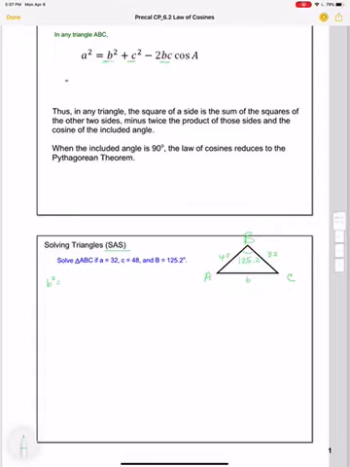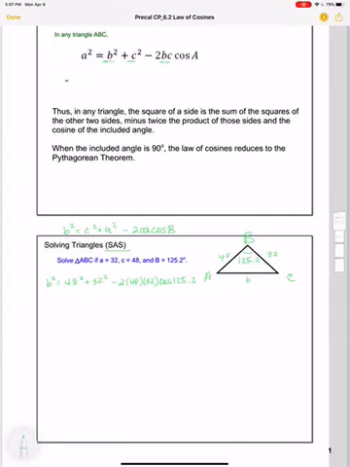So you can do b squared equals c squared plus a squared minus 2 c a cosine of big B. All right, so we got 48 squared plus 32 squared minus 2 times 48 times 32 times the cosine of 125.2. All right, now you're going to put all of this in your calculator.